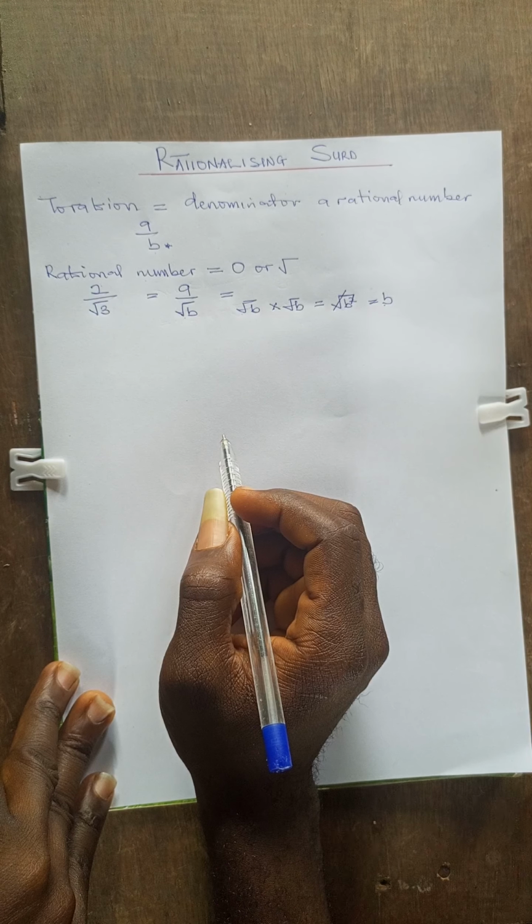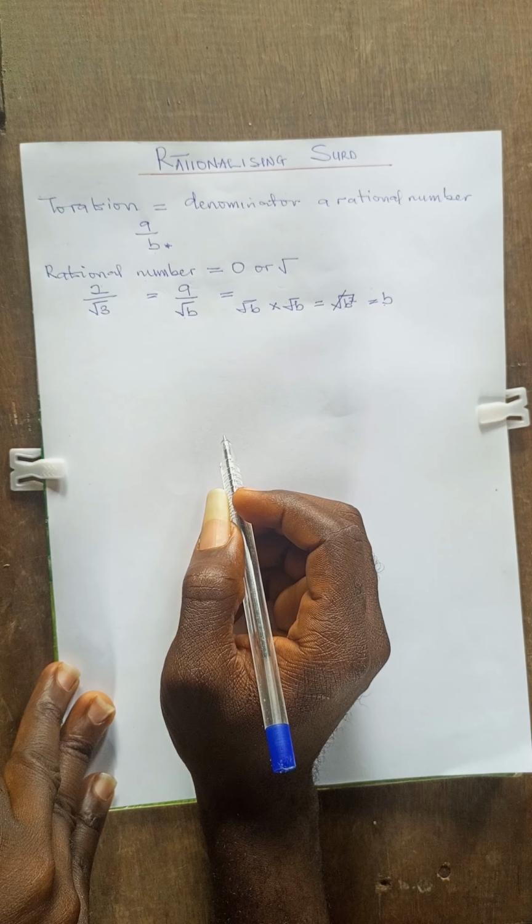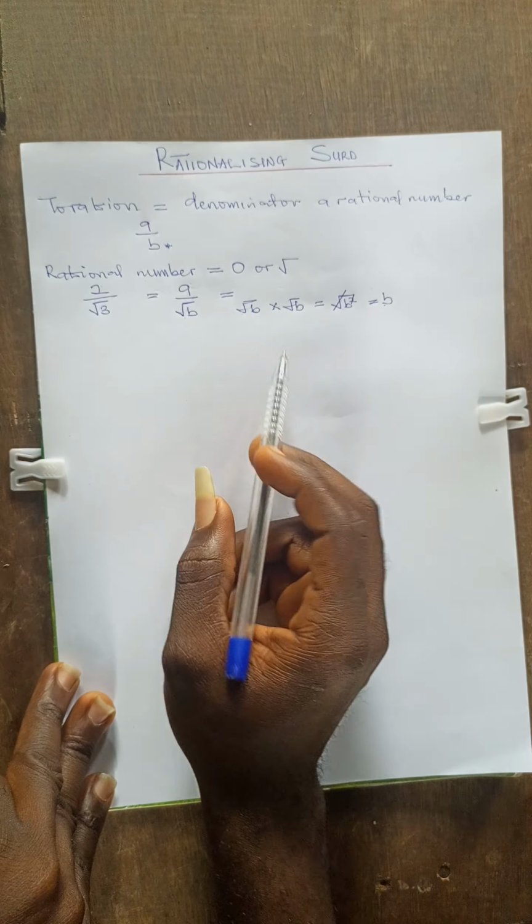Now before we move on quickly, bear in mind say when you multiply two same numbers wey dey for root, the two roots go cancel, e go remain only the number, like we show for here.